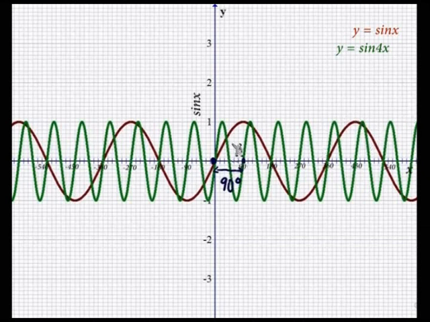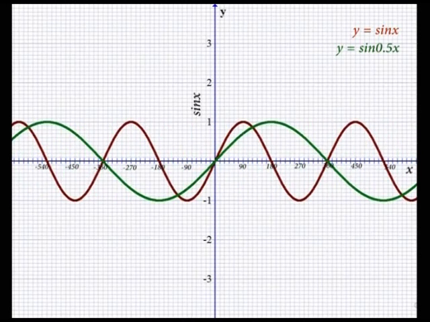If you take our initial period for sine and cosine, it's 360 degrees, and we divide by this factor, the coefficient of x. So when the number b is larger than 1, the graph is compressed. And when we have a decimal number, we see this horizontal stretch. In this case, we divide by 0.5 or simply multiply by 2.